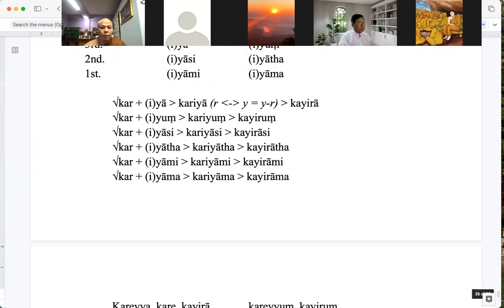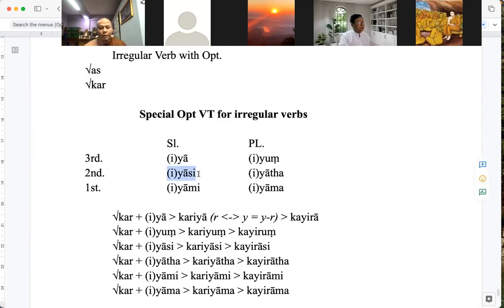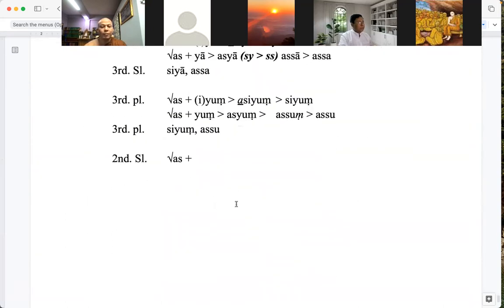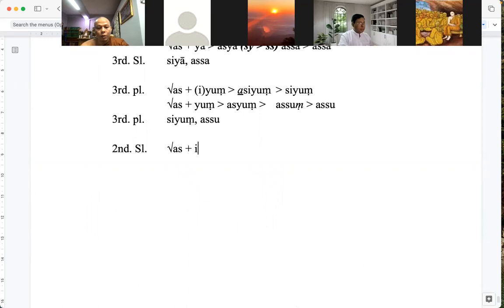So actually here, si, right? So actually it should be e inserted and the yasi, right? But here also, this C we don't use, it gets dropped. So only a C, yeah. Looks like the third person singular.